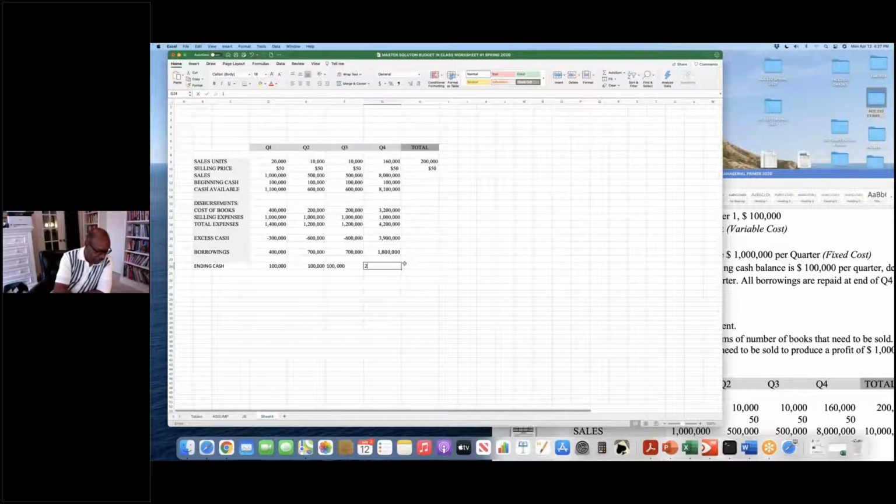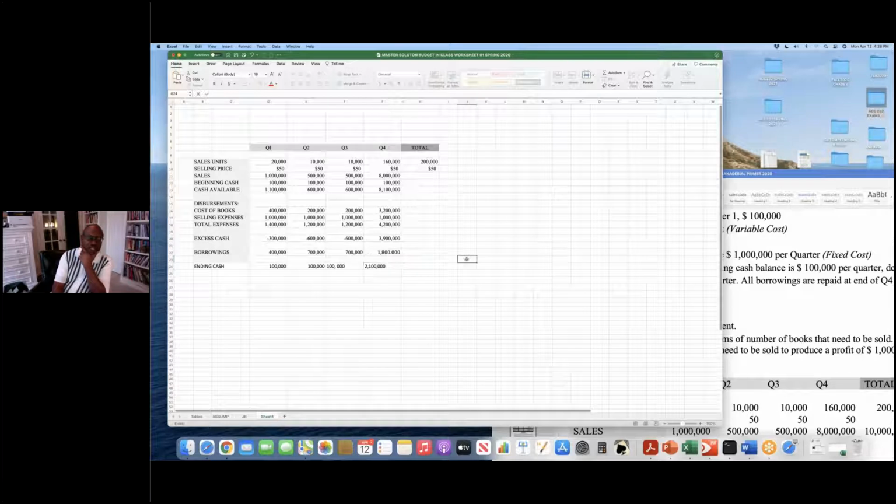So it's not going to always be 100,000, even if the other quarters are 100,000.